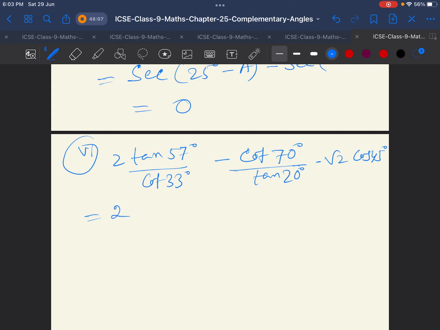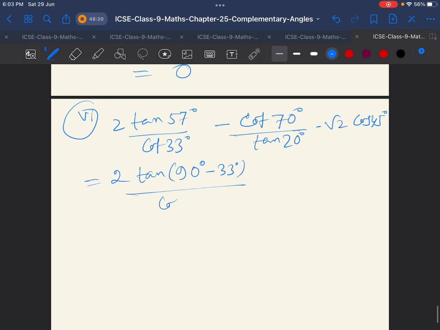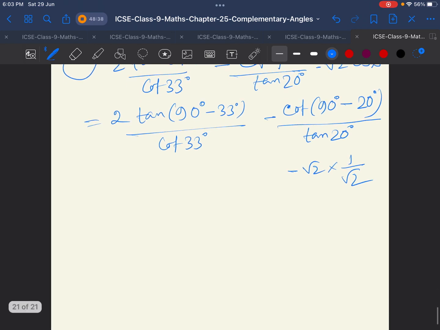Okay, so 2 tan of 57, we can write (90 minus 33), by cot of 33 degree, minus cot of (90 minus 20) by tan of 20 degree minus root 2 into cos 45 degree, we know 1 by root 2.